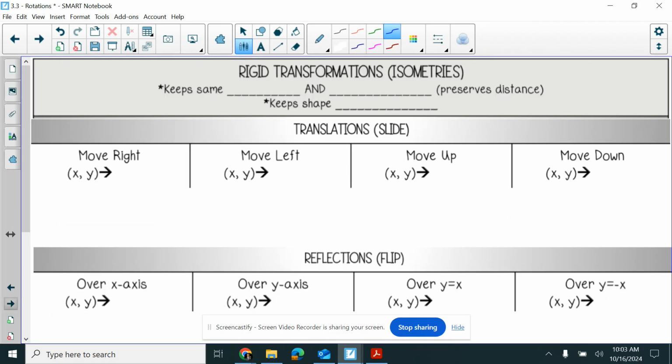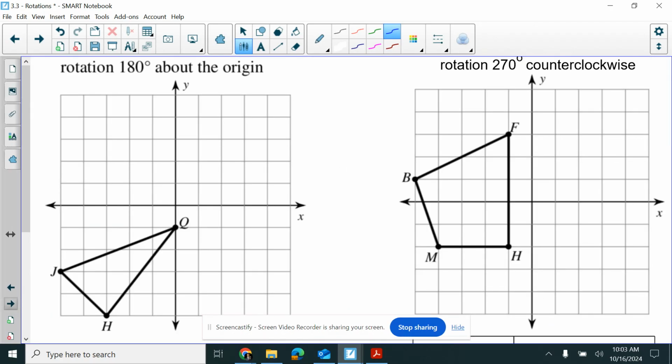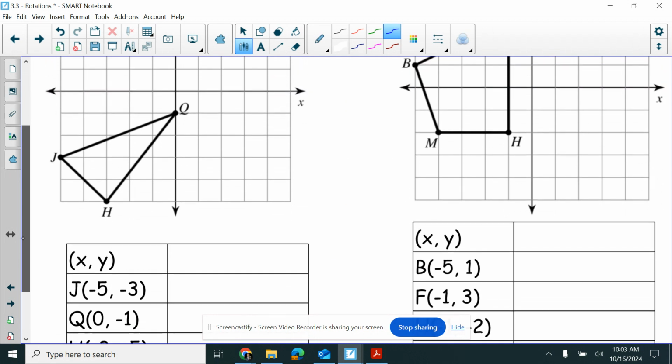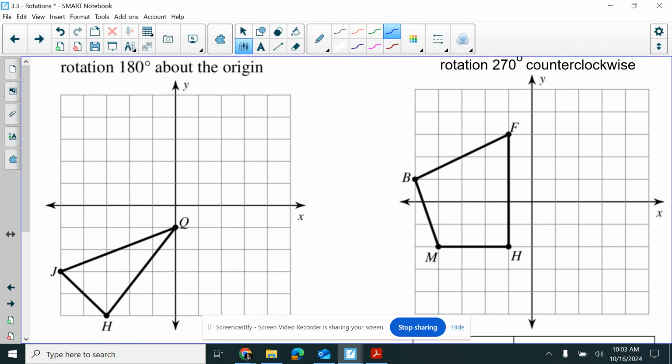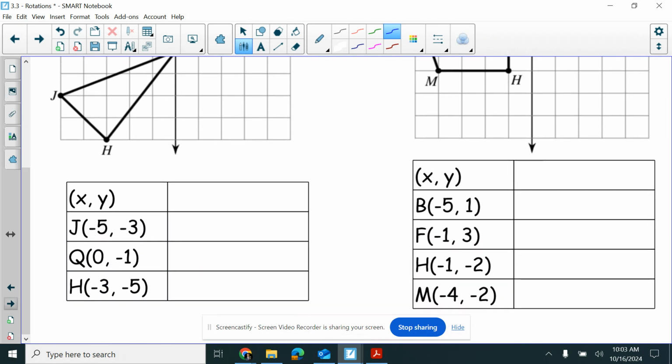Let's look at a problem to see how this looks in the coordinate plane. First, I'm going to do a 180-degree rotation. My rule would be negative x, negative y. So J prime would become positive 5, positive 3. Q prime would become 0, positive 1.